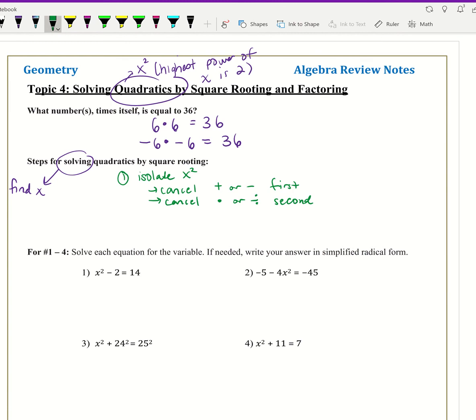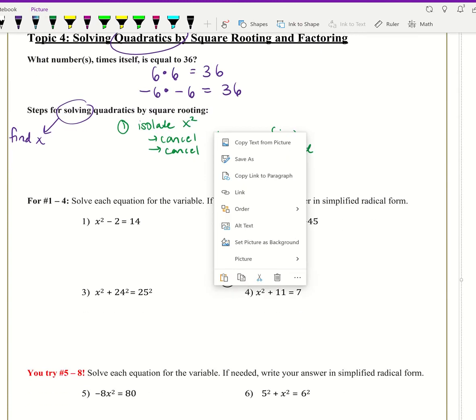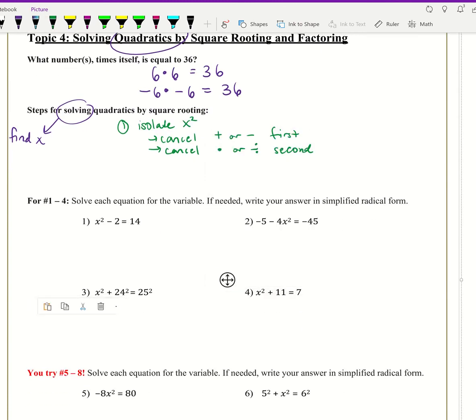So your goal is to use inverse operations to get x squared alone. After you've got x squared alone, you would then square root both sides. Now, when you square root both sides, you are going to have a plus or a minus for your answer.